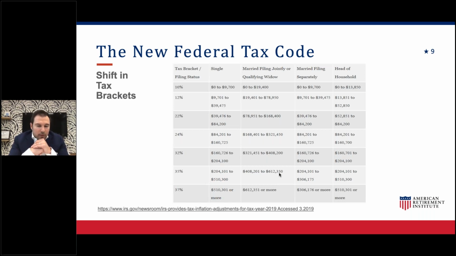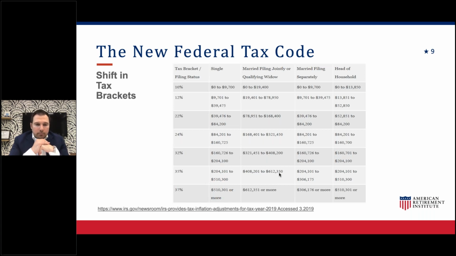Now, I always love it when my wife finds a good deal and she goes to a store and comes back home and finds something that's 50% off. I love that. Well, taxes are on sale, and the federal tax brackets have dropped, and the room in those brackets has increased. Take a look at that 24% bracket right there for those of you that are married watching this webinar. That tax bracket goes from $168,401 to $321,450.